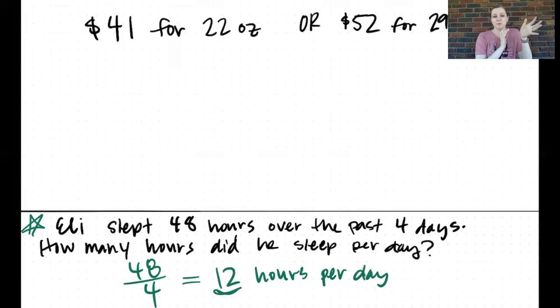There is a can of formula that is $41 for 22 ounces, or there was an option for $52 for 29 ounces. I want you to pause the video and use unit rates to tell me which one would be the better buy, which one is going to save us more money, because that's what we really care about. Try that on your own.